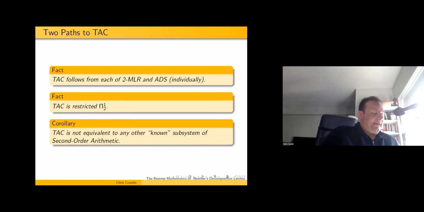They define a class of statements called restricted pi12, and there are certain conservativity properties for these sorts of principles. And so from these two facts, you can show that this tree anti-chain property is not equivalent to any other known subsystem of second order arithmetic.